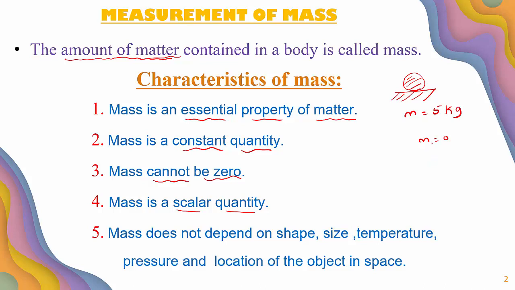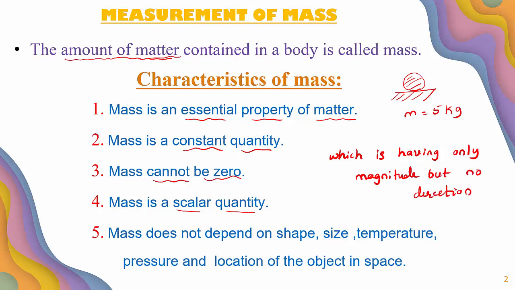What do you mean by scalar quantity? The quantity which is having only magnitude but no direction. This is called scalar quantity.